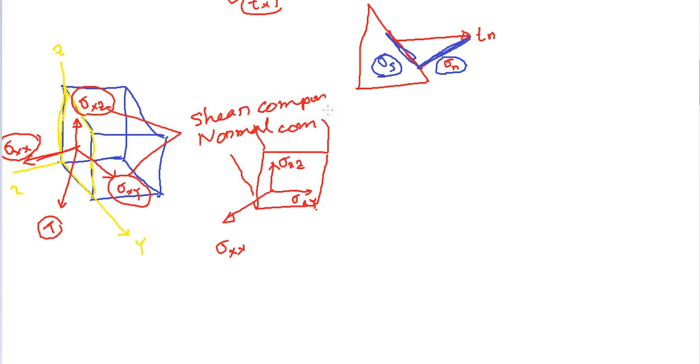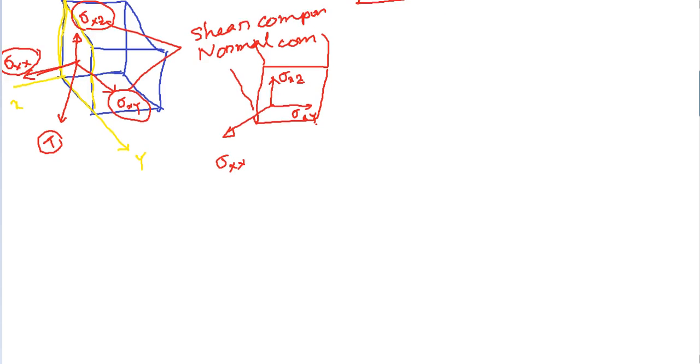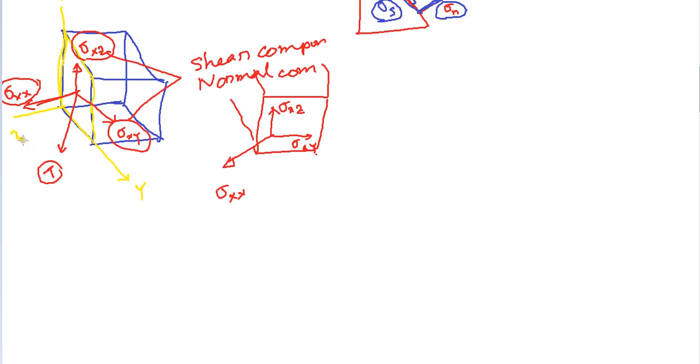So we already have an idea of how to write the notation of tensor components. We have seen that the traction vector t n has two shear components and one normal component. So how can we write this down?